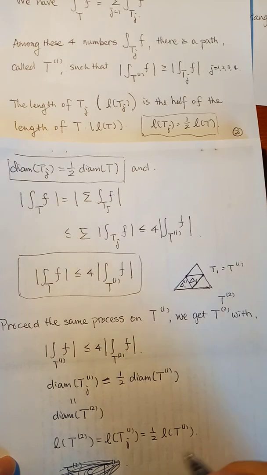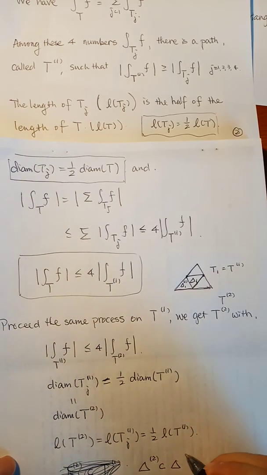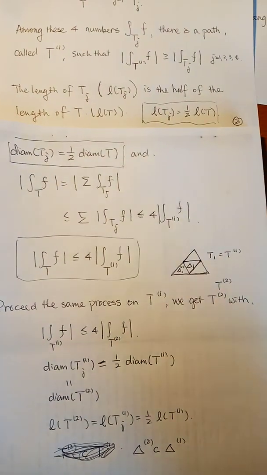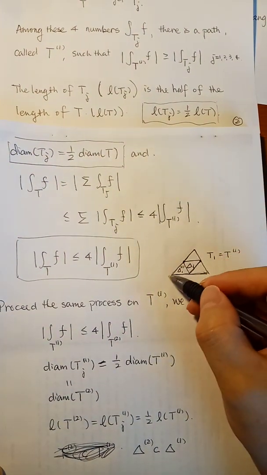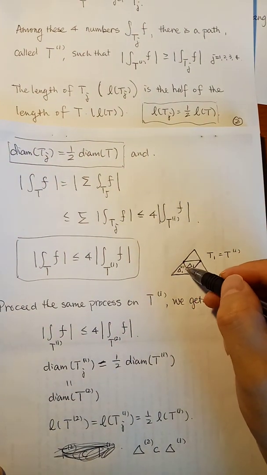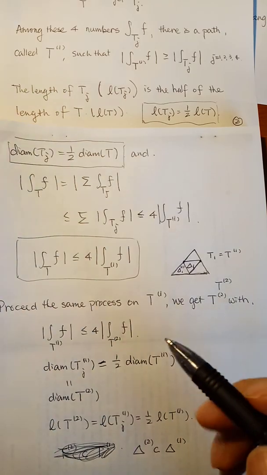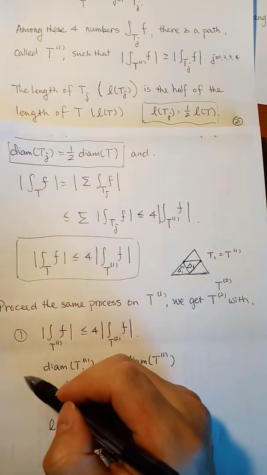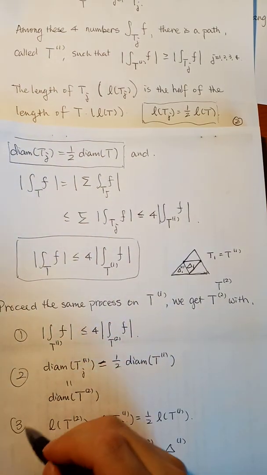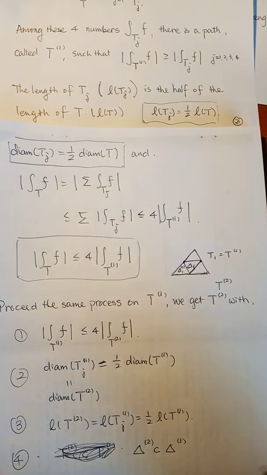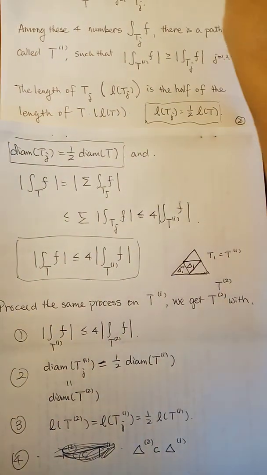The corresponding delta is part of the corresponding delta 1. So this large one is delta, and some small triangle region is a part of it. Okay? So let's see, we have 1, 2, 3, 4. 4 conditions. We have 4 conditions.